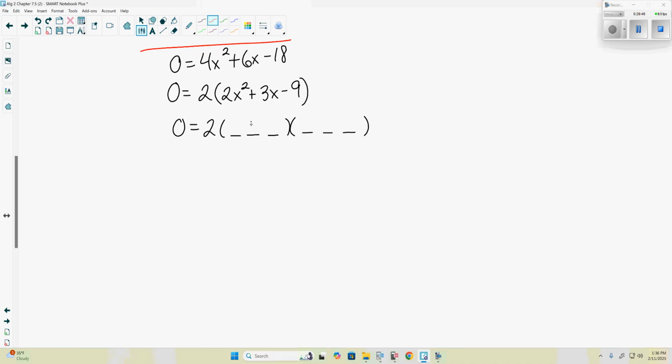Since the third term is negative, our signs are again opposite. Factors of 2x squared, well, we'd have x and x. 2 and 1. Do we want to put the 2 in with the first x or the second x? The first x. Factors of 9 are 1 and 9 or 3 and 3. Which one do we want to try first? 3 and 3. We'll go with 3 and 3.